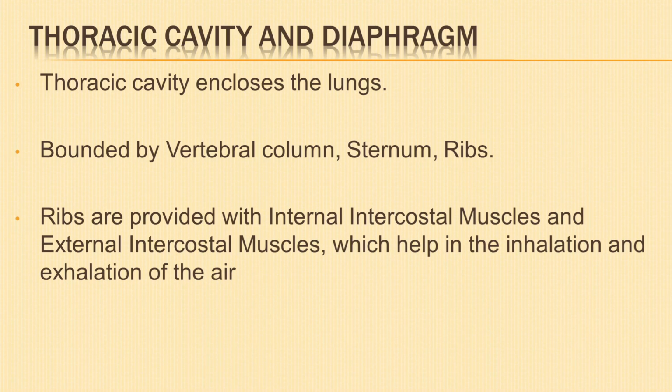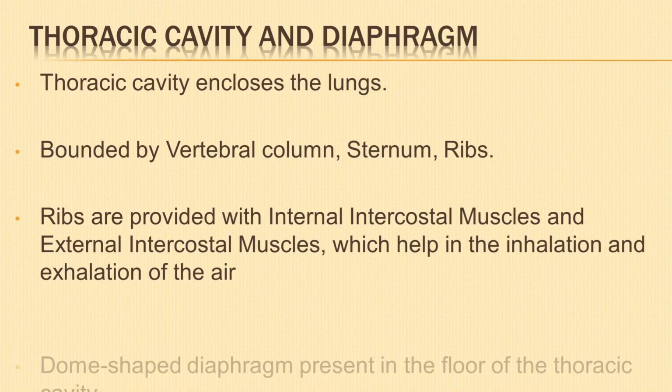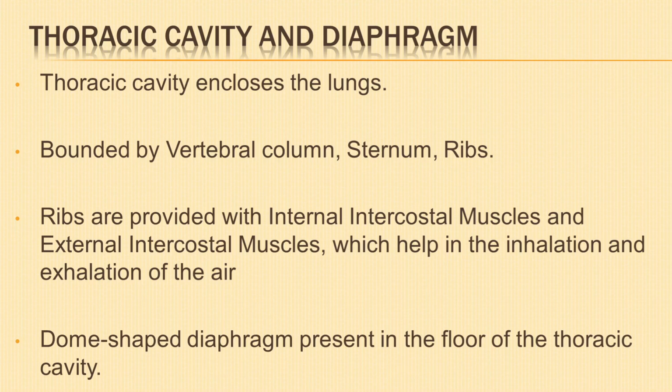The ribs are provided with internal intercostal muscles and external intercostal muscles which help in the inhalation and exhalation of the air. A dome-shaped diaphragm is present in the floor of the thoracic cavity.